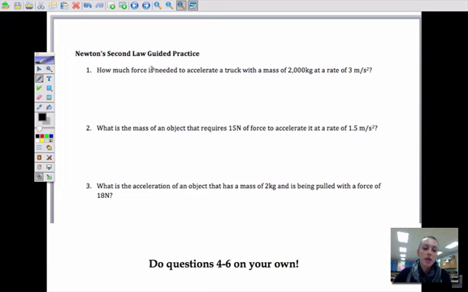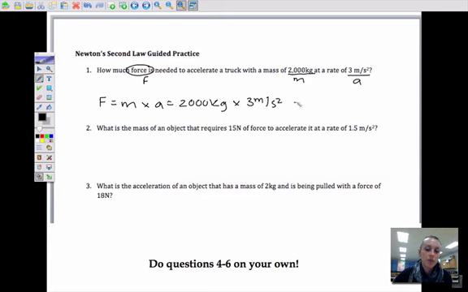So when I read it again, I'm solving for force, so I'm going to circle it, and force is the letter F. I have a mass of 2,000 kilograms and an acceleration rate of 3 meters per second squared. Since I'm solving for force, F is equal to M times A. I identified M as 2,000 kilograms and acceleration as 3 meters per second squared.